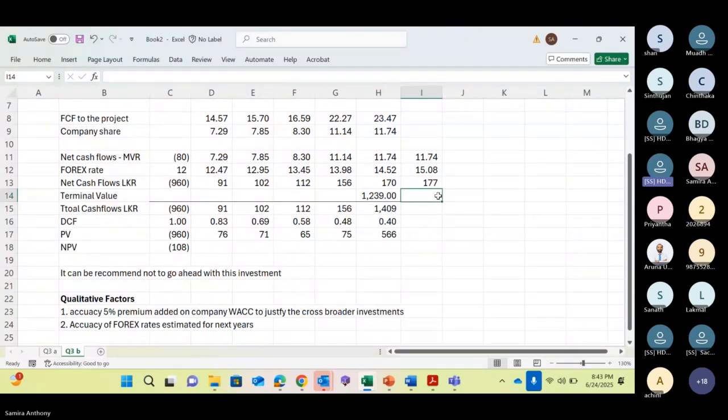Okay, sir. 15.24, is it correct, sir? 15.08 is the 6th year exchange rate. 14.52 multiplied by 1.05. No, it is given in the question. Okay, sir. After the 6th year, the ELP is only receiving 40% of the cash flow. Yes, that is the other adjustment we need to make. This is 50% of the cash flow, right?